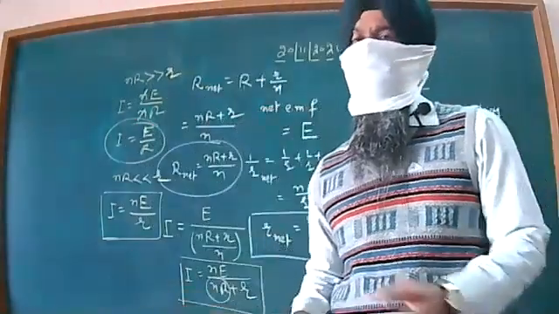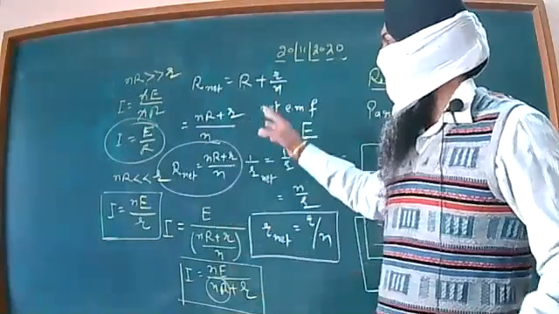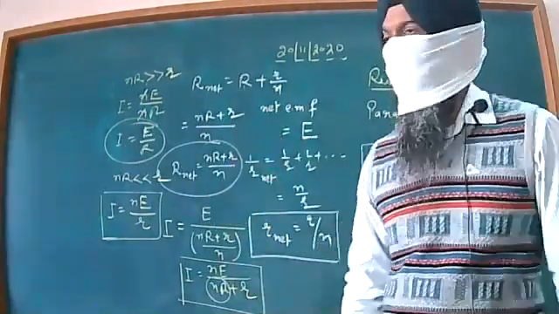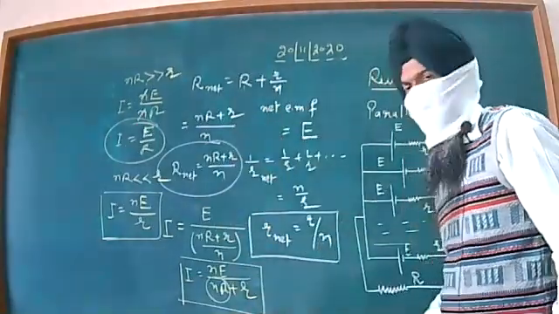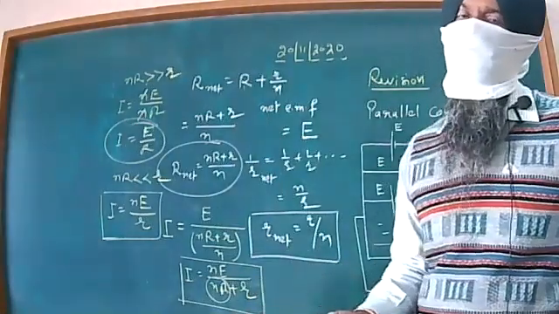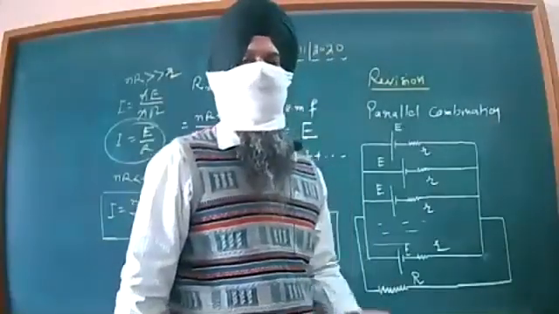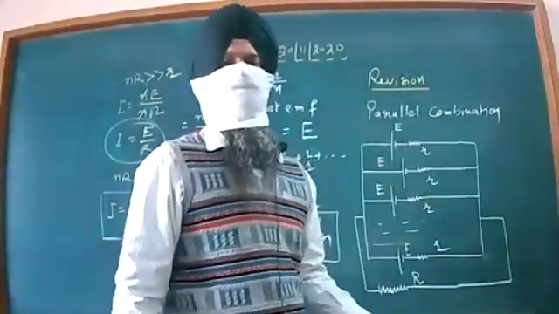So dear children, in this manner we can have the parallel combination of the cells also. Now, after the series and parallel combinations of the cells, we have a very important combination, that is the mixed grouping of the cells.